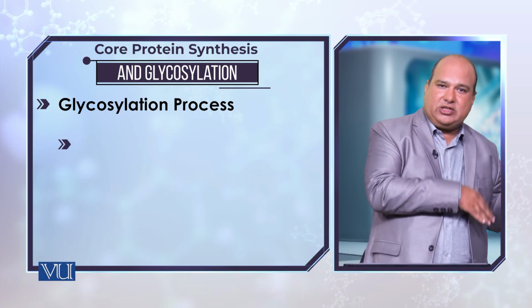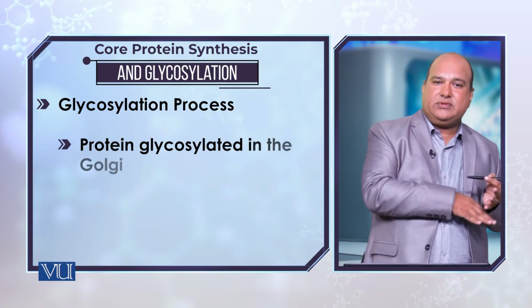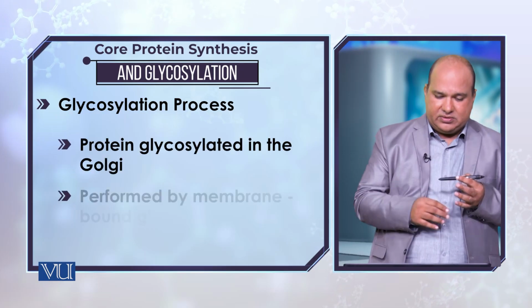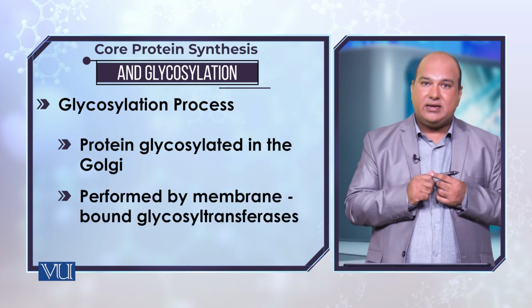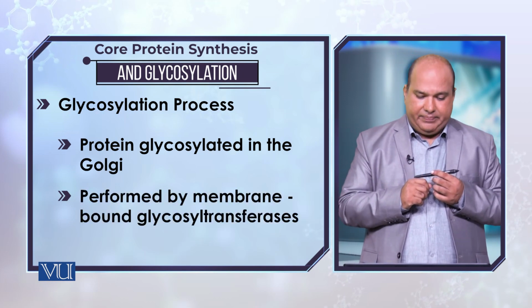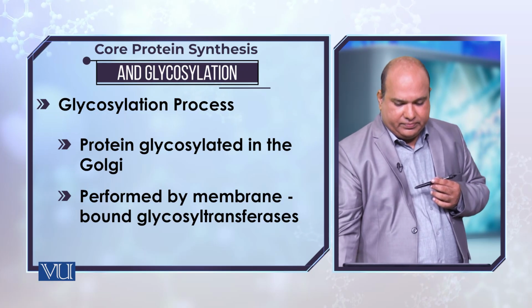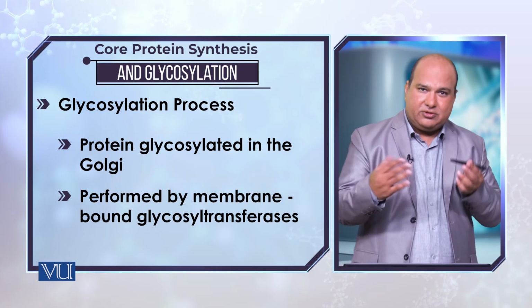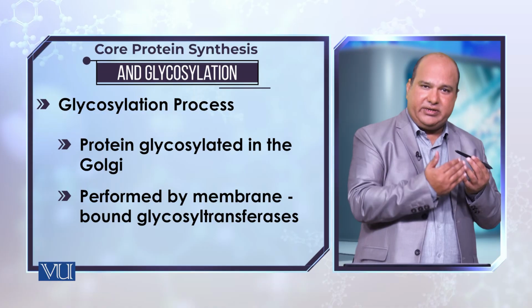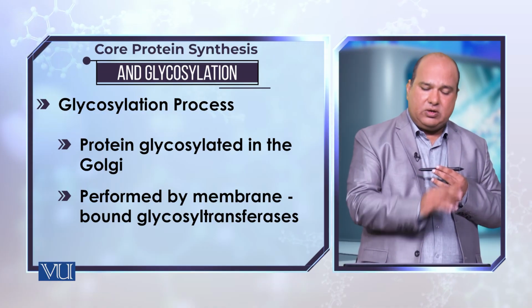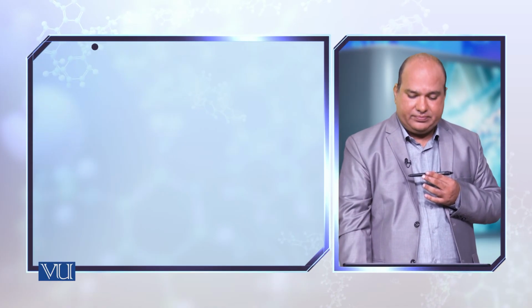From there it is transported to the Golgi bodies and then towards the outside. So, this is one thing you should always keep in mind. After the glycosylation, the product from the Golgi bodies is directed towards either the cytoplasm or towards the ECM.